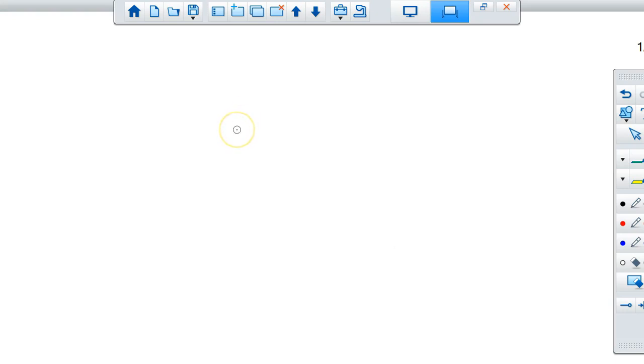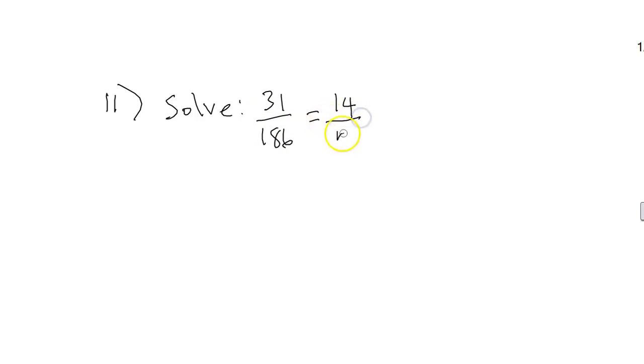So let's look at number 11 on the worksheet. So as you can see for number 11, it says solve, and it has 31 over 186 equals 14 over m. Okay, so we want to figure out what this m is.